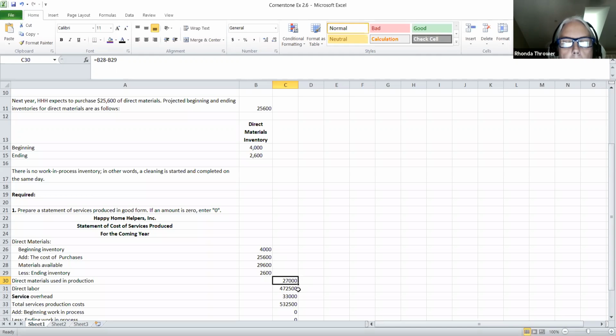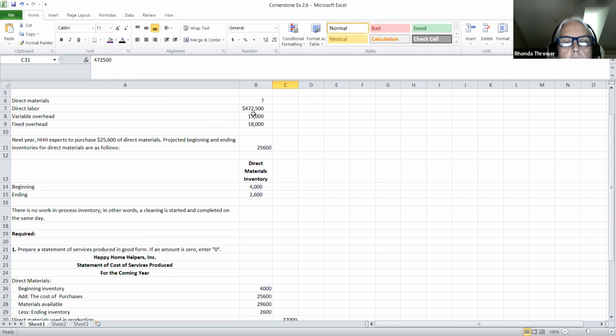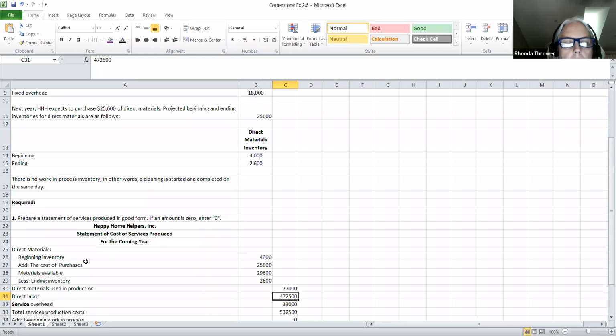To that, we're going to add our direct labor. Our direct labor was also given at $472,500. Notice that our factory overhead name changes to service overhead, but it's still the overhead cost of running a service business that would be calculated next.